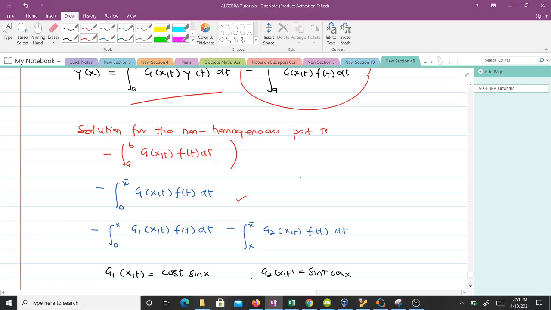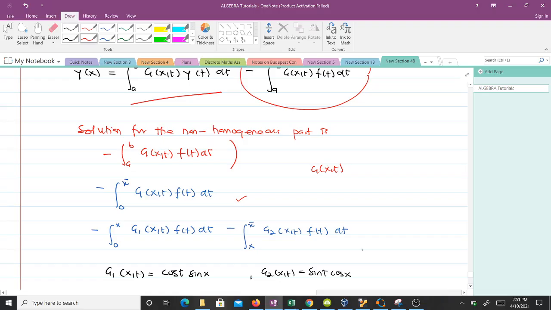But you should know that for the g of x, t, we have two of them, right? The first one, which is g1, lies between the interval 0 to x. And the second one, g2, lies between the interval x to pi.